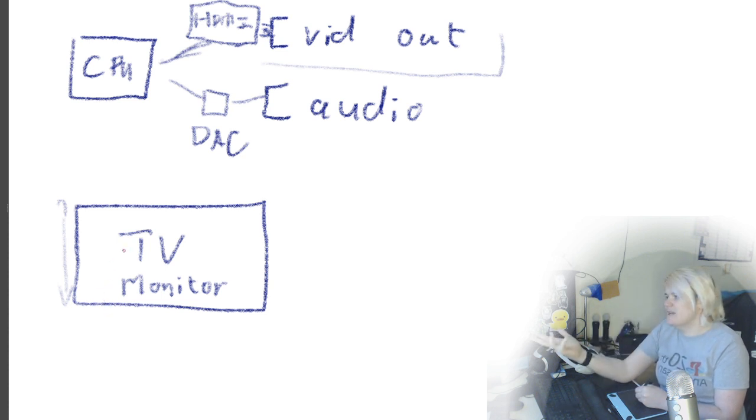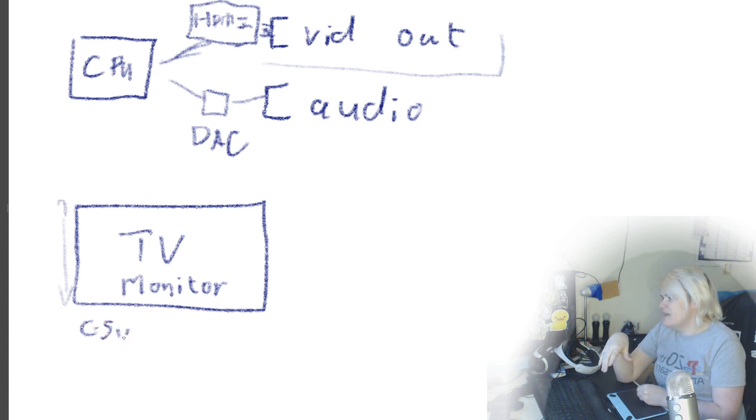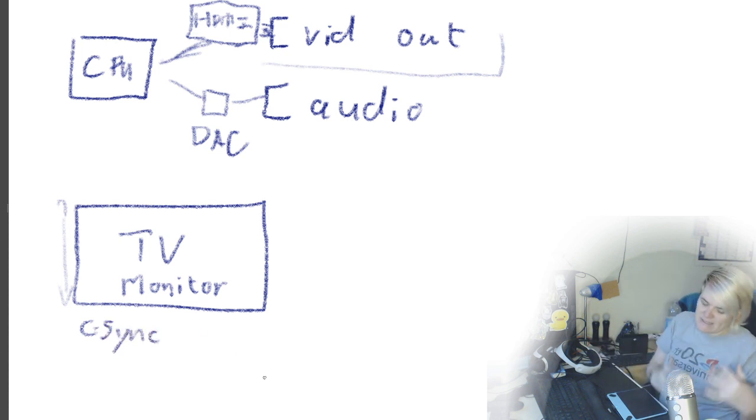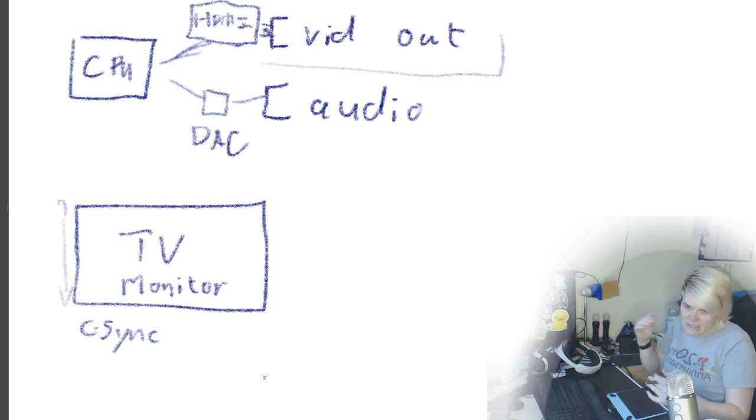Because if your game is updating and your monitor refresh rate is different, things get into a bad place. Now there's some modern technologies like G-Sync, which are basically a fancy way of saying slave the monitor to your graphics card and sync them up perfectly to remove this latency.